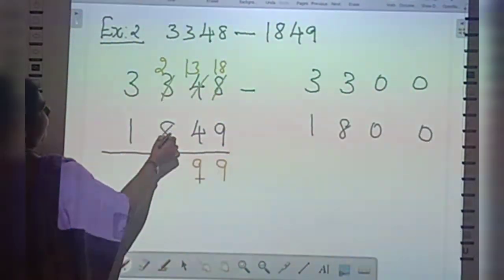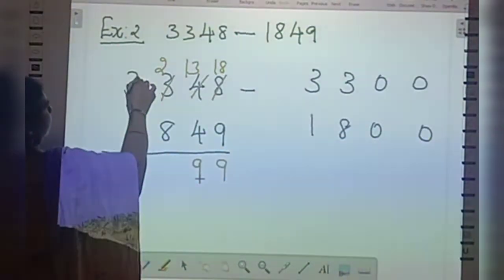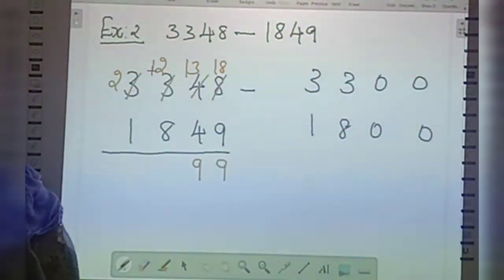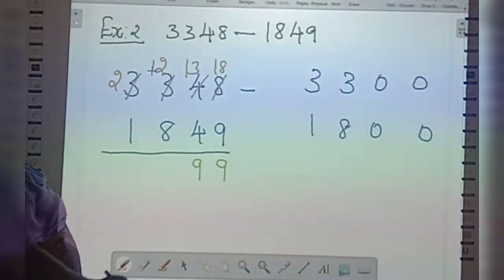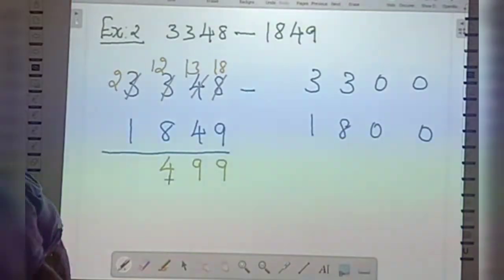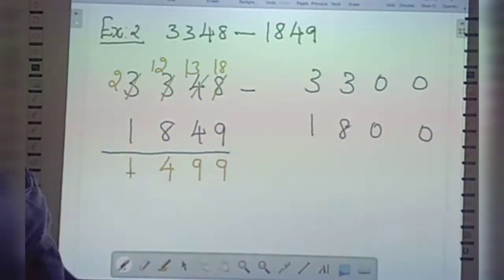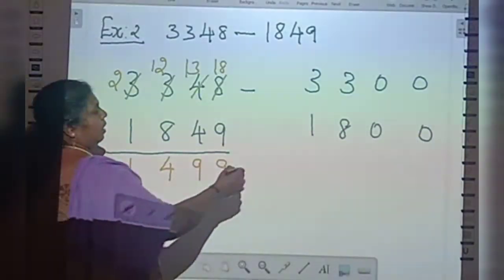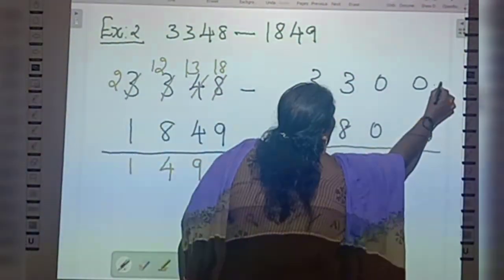Then 2 minus 8. No, we cannot subtract. Then borrow. Here 2, here 12. 12 minus 8, how much will come? 4. Yes. Then 2 minus 1, 1. 1499 is the actual difference.